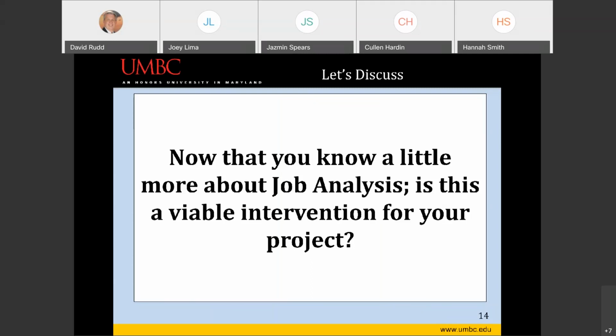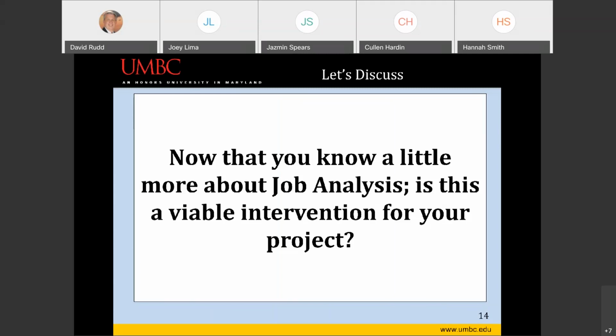When you make your recommendations for interventions, I just want to know what your rationale is. Why did you recommend job analysis, or training and development, or this or that? And how do you feel that it's going to improve the performance of that position or the organization? So think about that in context.